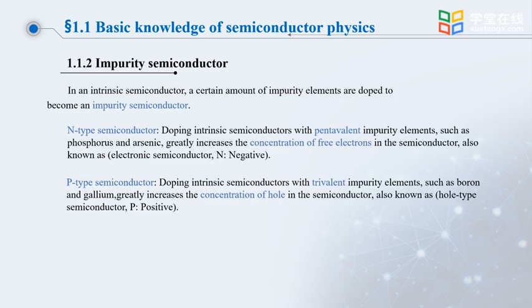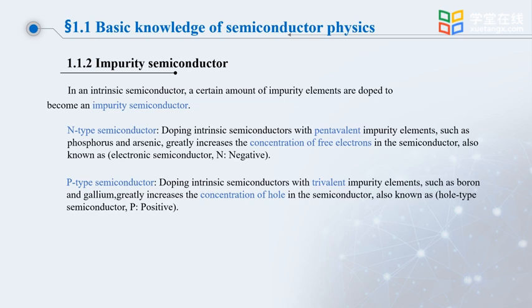As we cited before, when pure semiconductors are doped with impurities, their conductivity increases. So we introduced the concept of impurity semiconductor. When you mix a certain amount of impurities into an intrinsic semiconductor, it's called an impurity semiconductor. It's divided into N-type impurity semiconductor and P-type impurity semiconductor.